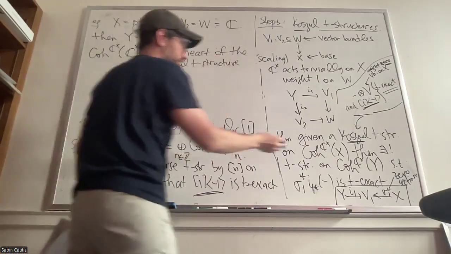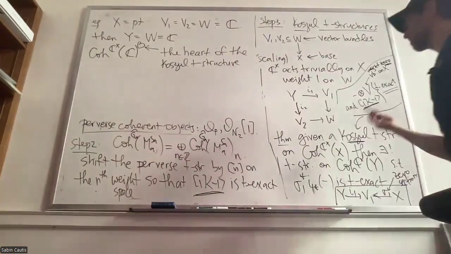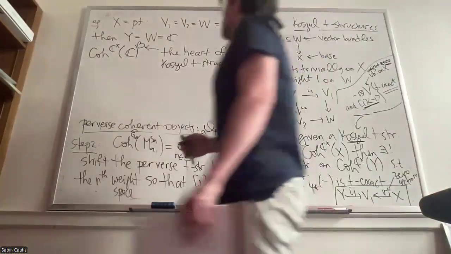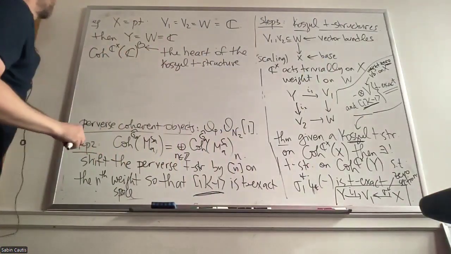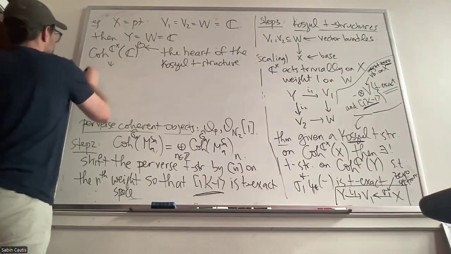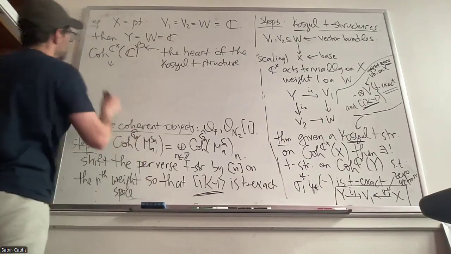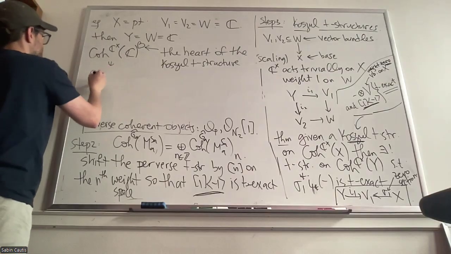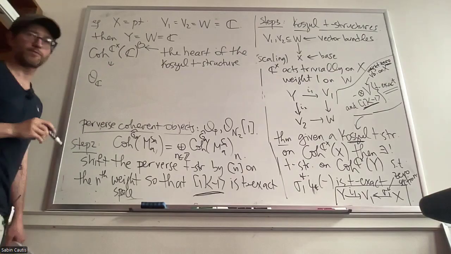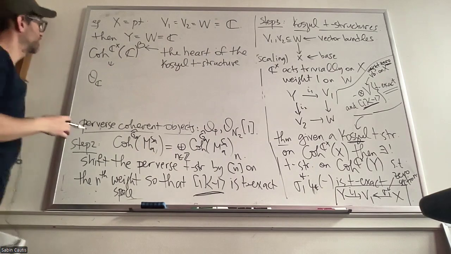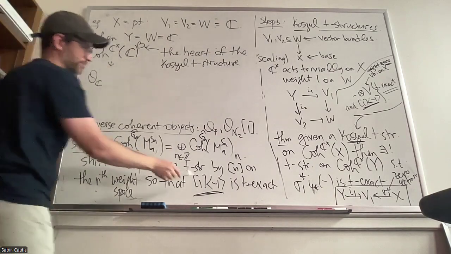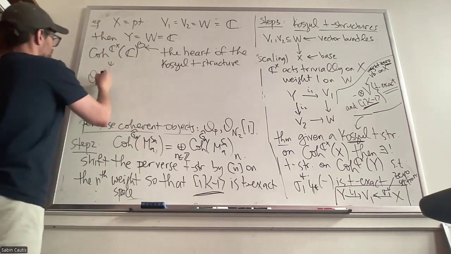The T structure you get as a result, I'm also calling causal, for obvious reasons. So what does this contain? Well, it contains the structure sheaf of C, that's in the heart, and shifting by this amount is also T exact. So it'll contain any object of this form.